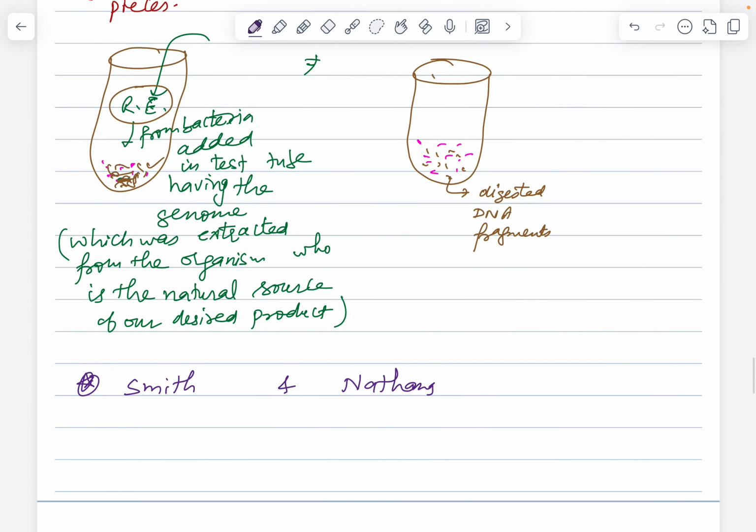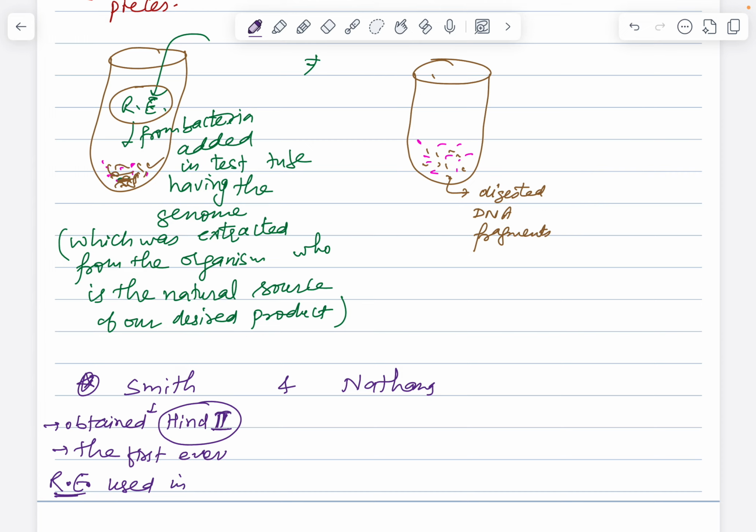What they did was, Smith obtained HindII. HindII is the name of the first ever restriction endonuclease used in the laboratory for this purpose, for digesting the genome of the organism.